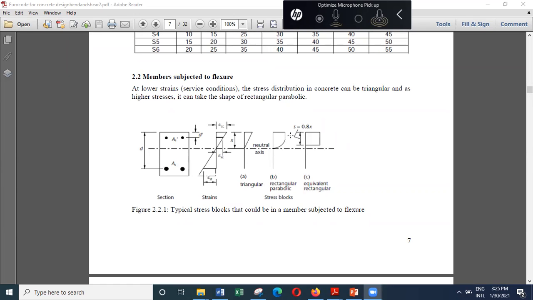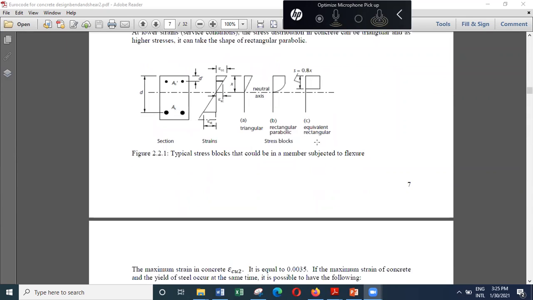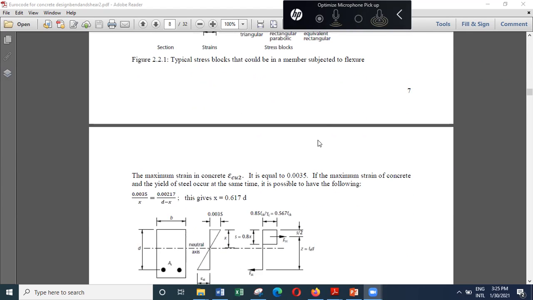This is the equivalent rectangular stress block, and we use it for all our calculations.